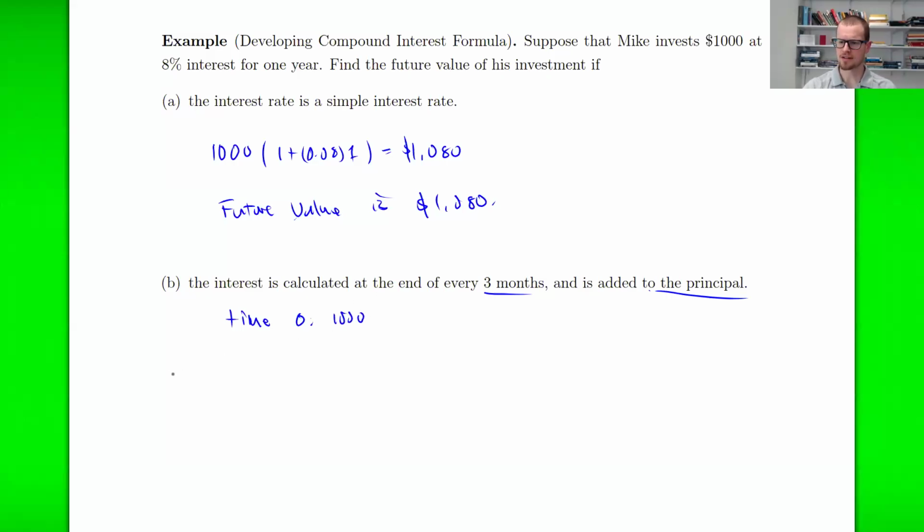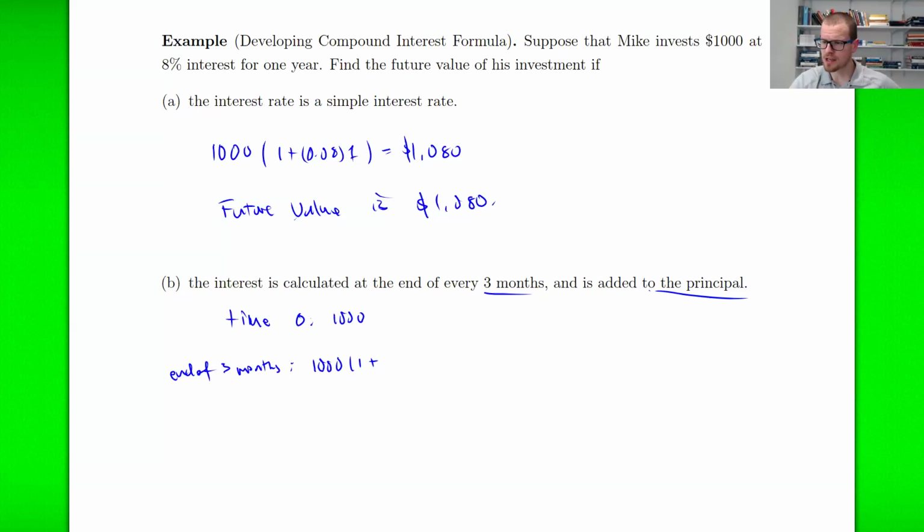And now at the end of 3 months, what we have is that $1,000 times 1 plus. Now, this is still a simple interest scenario, simple interest calculated now at the end of the 3 months.